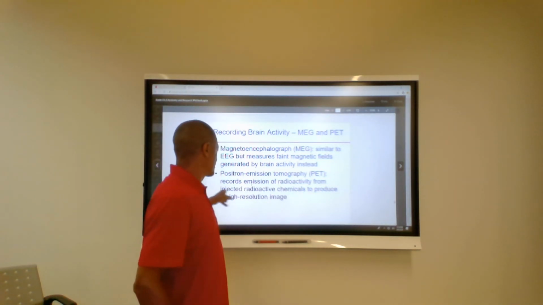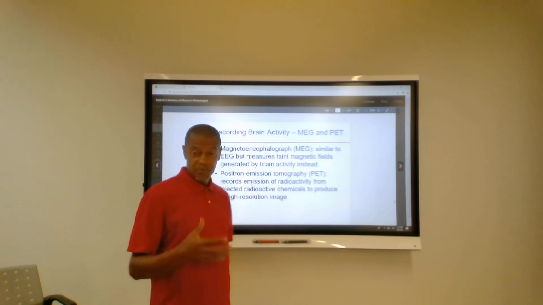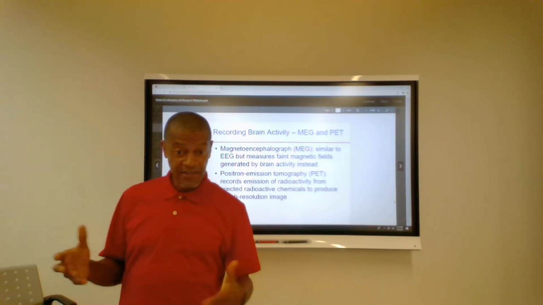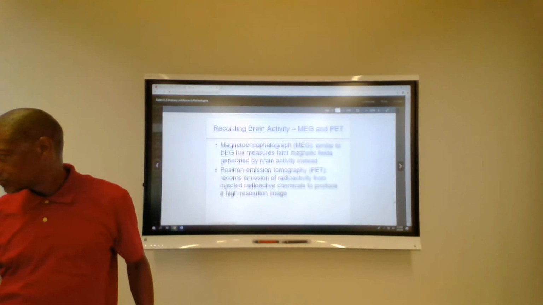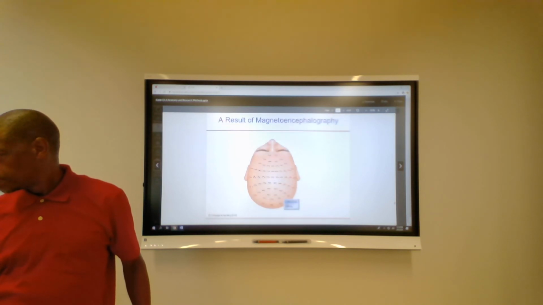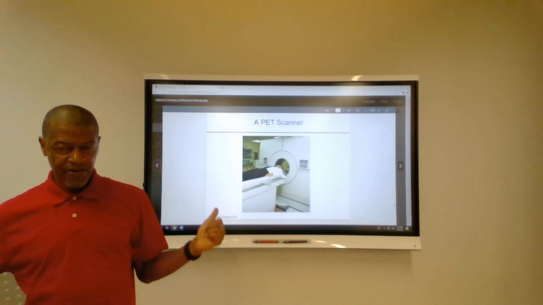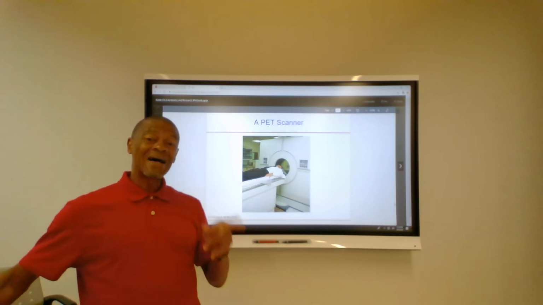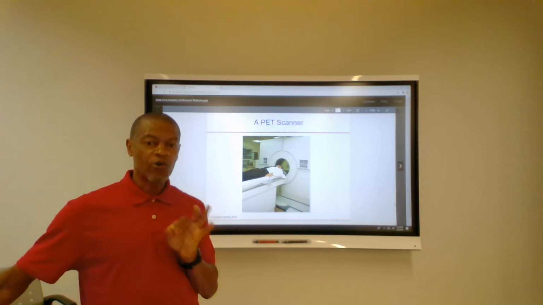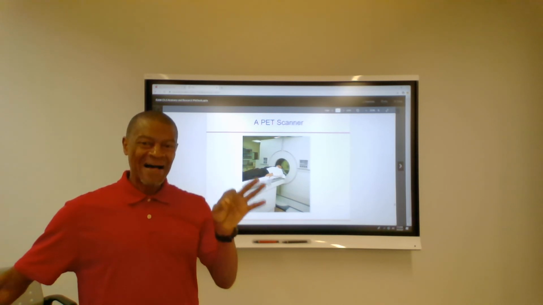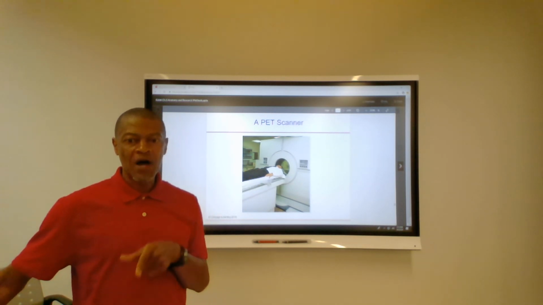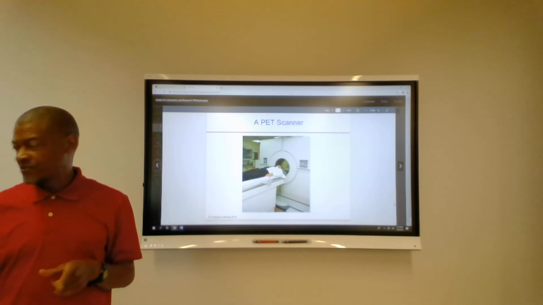The radioactive dye is injected to produce an image of where it is in the brain. So this is a PET scanner. PET stands for positron emission tomography. Invasive.